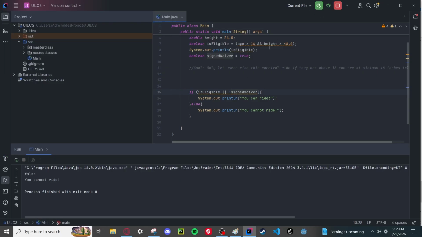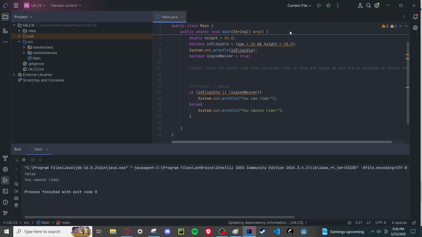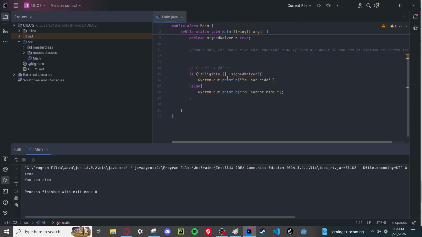Well, if you ride this, now we're gonna get you cannot ride because eligible is false, but now because of this not, the signed waiver, the second condition is gonna be false because we're saying signed waiver is true and not true is false. If we made this one true and we made ourselves 18, well, now we would get true because this expression is true.